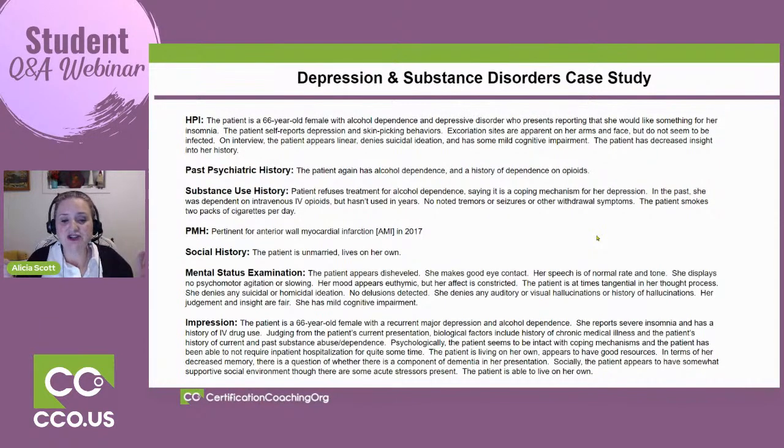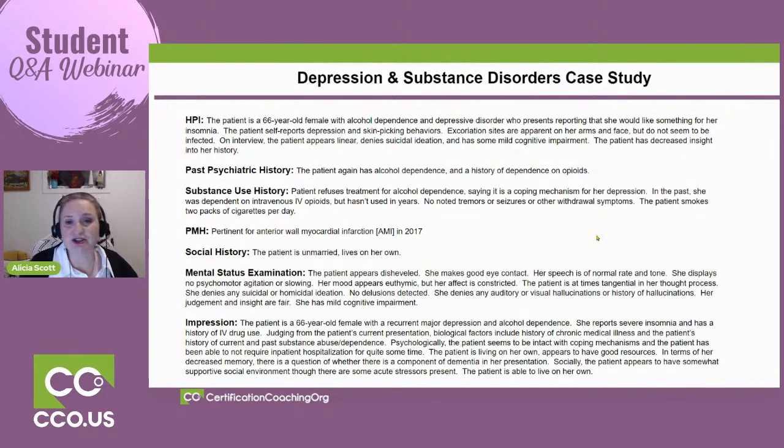Now, again, the HPI, don't forget that when we look at these, we divide up different components. The HPI is the patient telling the provider what's wrong with them, why they're there, and then the provider is asking questions, prompting to get kind of a feel for the diagnosis. Now, if there is already an established diagnosis, say the patient has diabetes, and that's why they're there, then there are routine questions that you would ask.